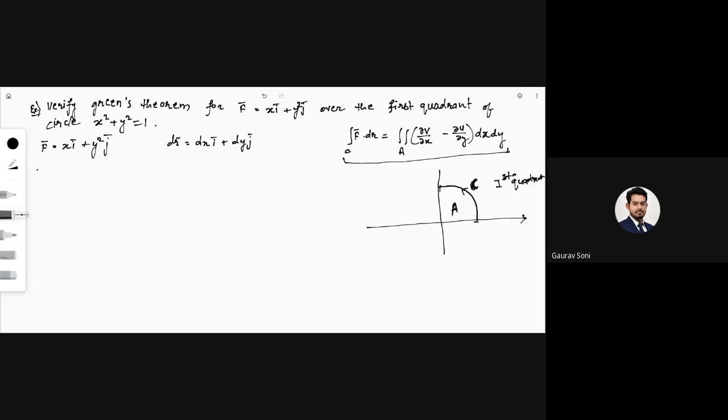Now integral over the curve F bar dot dr bar is equal to integral over C x times dx plus y square dy. What will be the substitution for line integral here? Anyone? What will be the substitution?